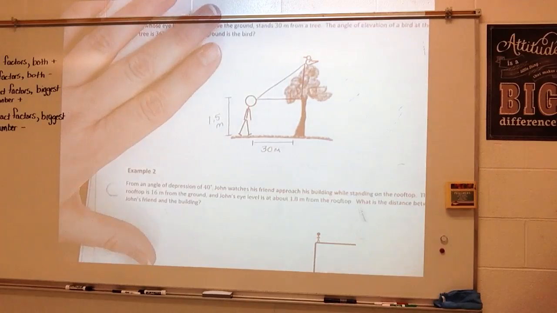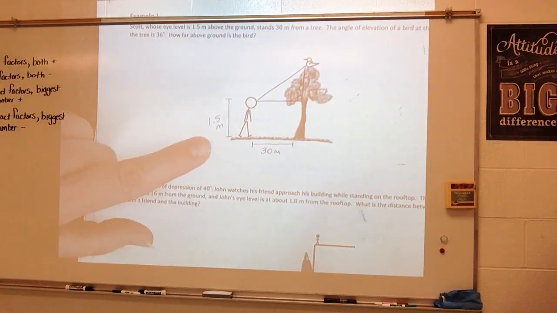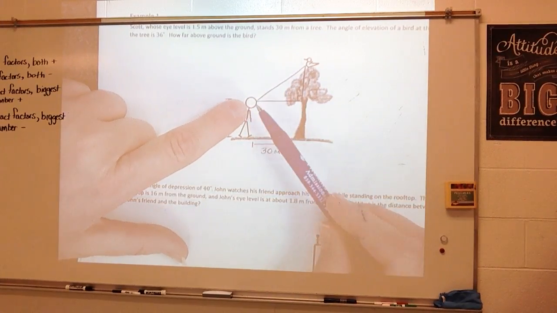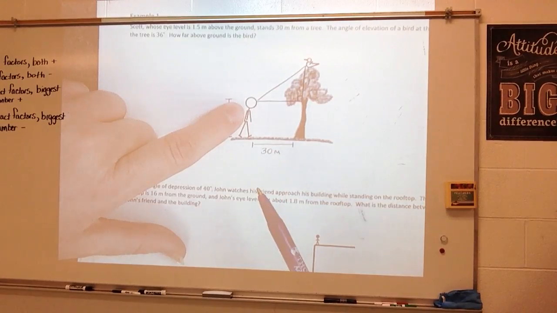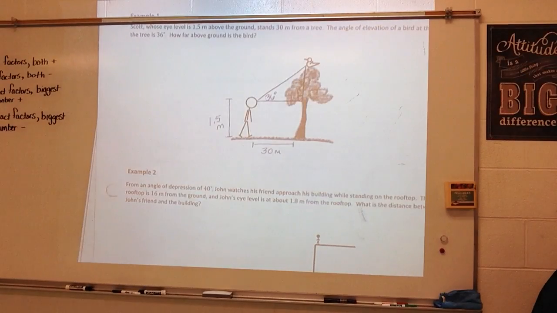Now we have a right triangle, and the angle of elevation, because we're looking up, is 36 degrees. How far above the ground is the bird?